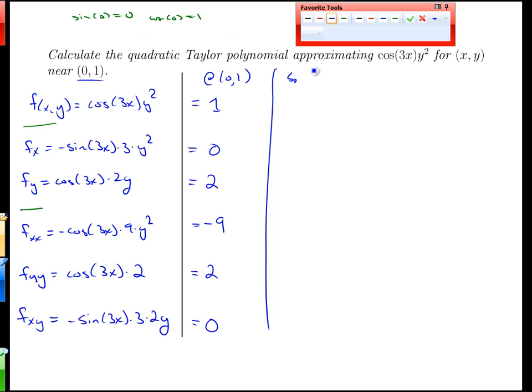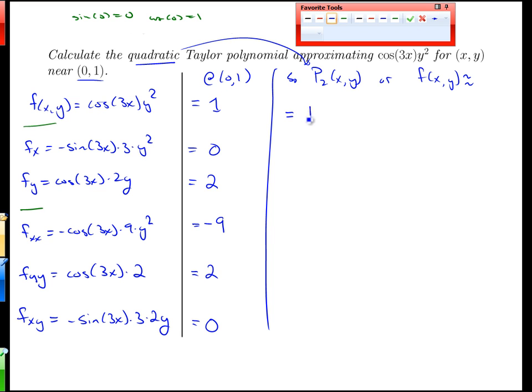So the Taylor approximation, sometimes called P2 of x, y, so quadratic, we often use the symbol P2 for polynomial of degree 2, or we could write f of x, y is approximately equal to this function that we're going to build here.